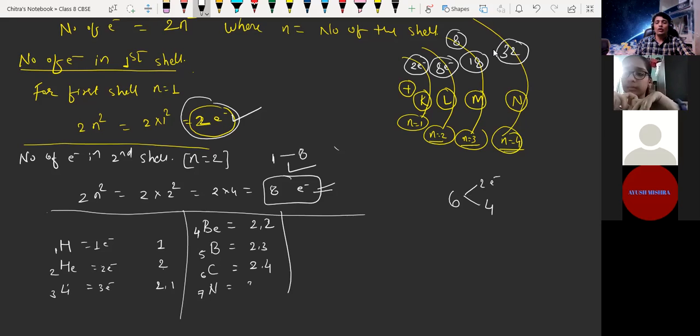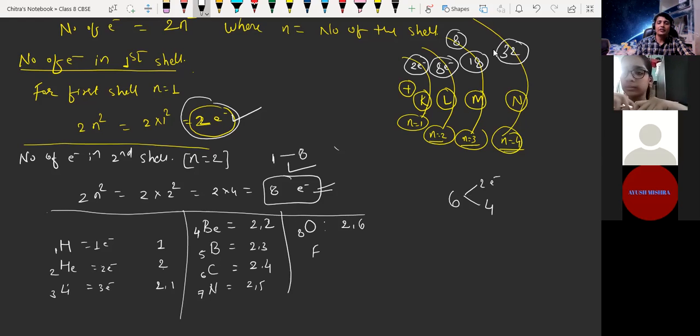Yes, it is 2 and 5. Next for Harshita, oxygen. Oxygen has atomic number 8. So the electronic configuration is 2 and 6. Yes, 2 and 6, very simple.